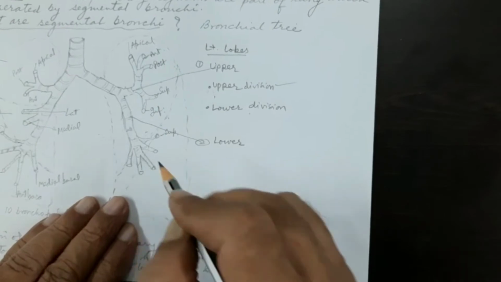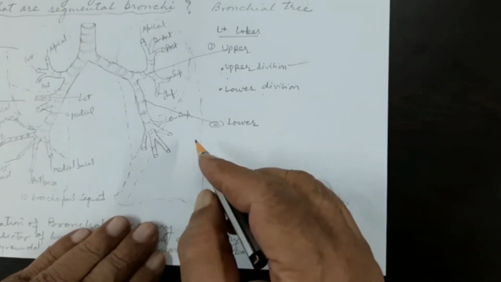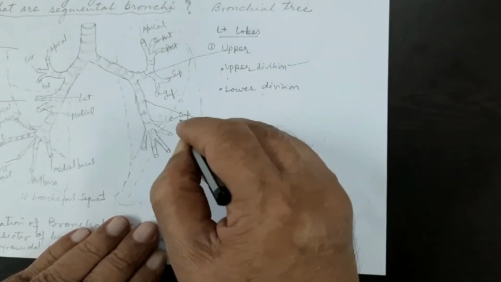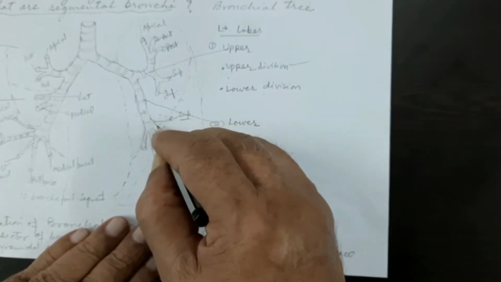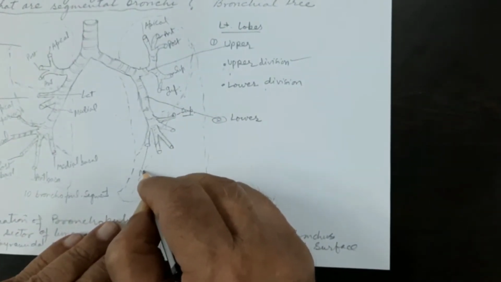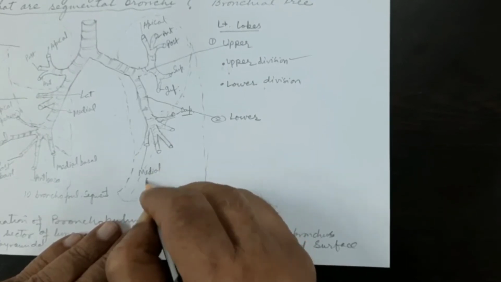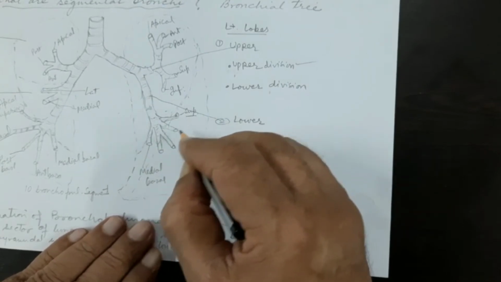Now there is a similar way for the lower lobe, okay. There will be a superior here, which was similar to that of the right lung, then there is a medial basal, exactly the same as it was in the right lung.